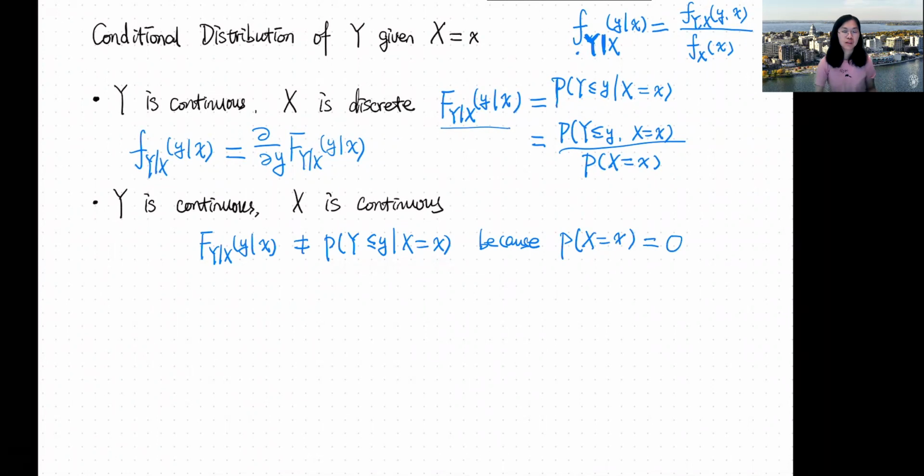What's our solution to this problem? The solution is to consider not only the probability that X equals this little x point, but also the probability that X is in a small neighborhood around this point, in a small interval around this point. So it's the conditional probability of Y less than or equal to little y, conditional on X lying between little x minus epsilon and little x plus epsilon, for some epsilon that is positive.